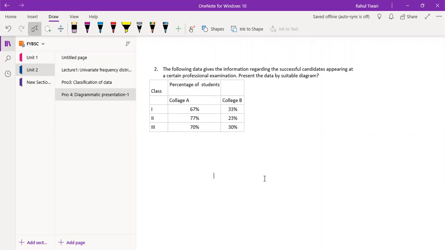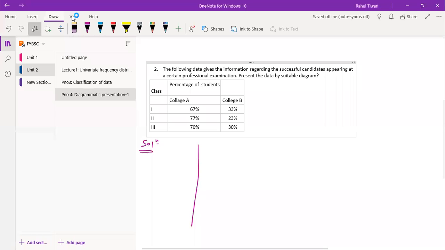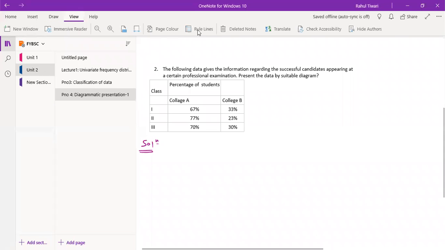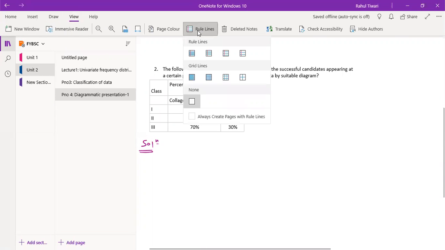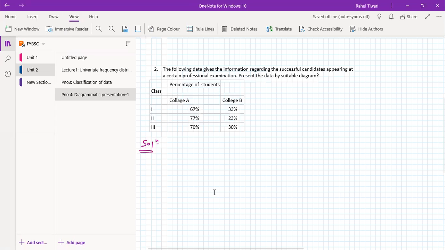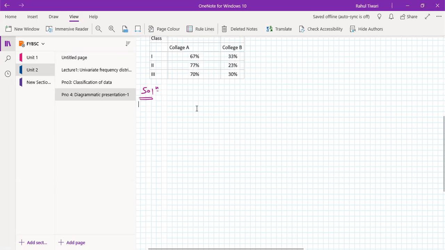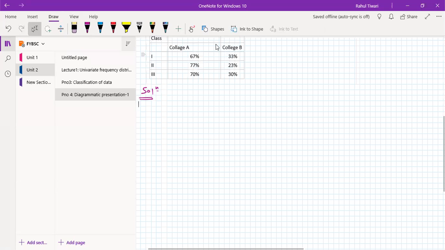Class 1, 2, 3. Yeah. So I can say on x axis, use some bar is there or not? So I will say like this.